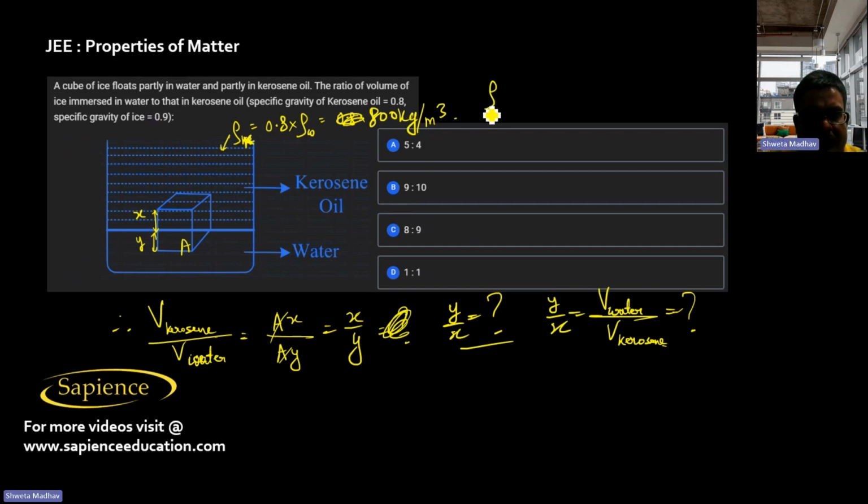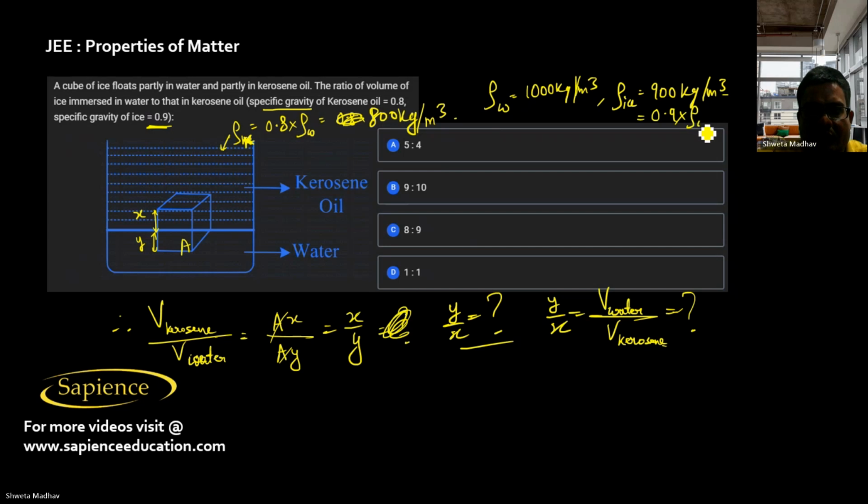And similarly the density, since specific gravity is same as relative density. Now the density of water is 1000 kg per meter cube, and the density of ice is equal to 900 kg per meter cube only, since here it has been told the specific gravity of ice is 0.9, so it is same as 0.9 times the density of water.